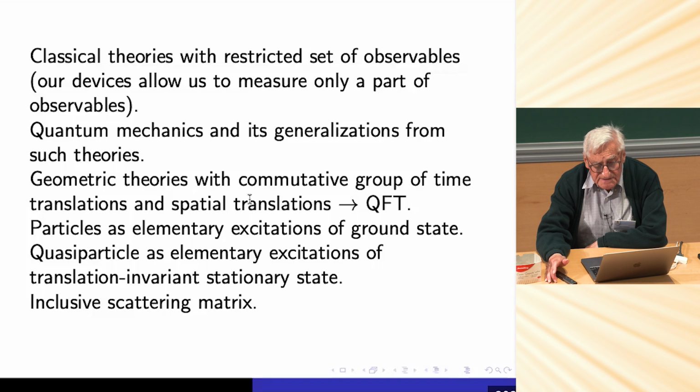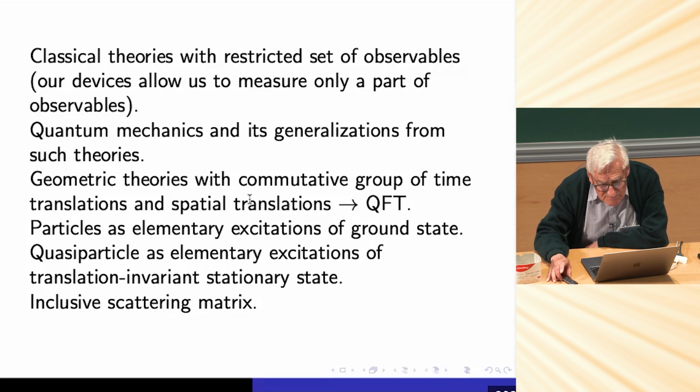And then you can get a geometric theory and geometric approach. In particular, you get the standard quantum mechanics. It can also be obtained as something coming from classical theory with this restricted set of observables. I think that this is an interesting statement, but again, I will not talk about a very simple proof of the statement today.